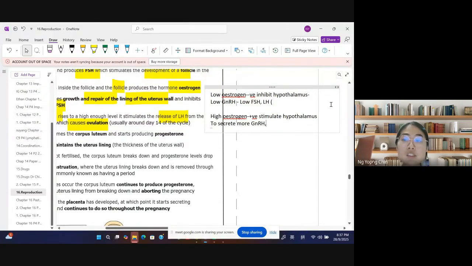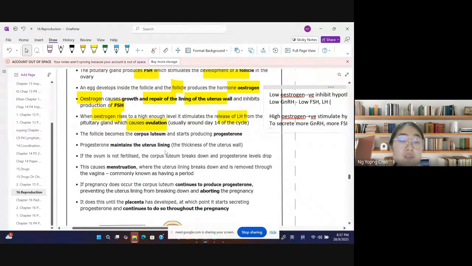If it secretes more GnRH, it can increase the production of FSH and LH. That's why you have the surge later. So if the estrogen rises to a high enough level, it can stimulate the release of LH from the pituitary gland, which causes ovulation on day 14.